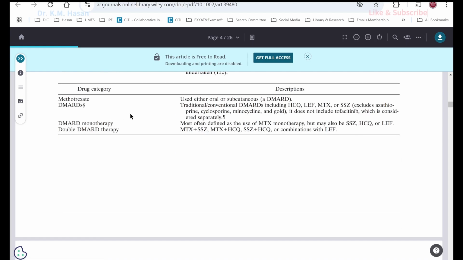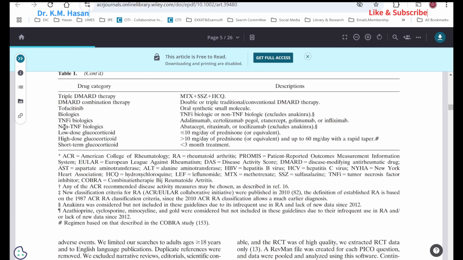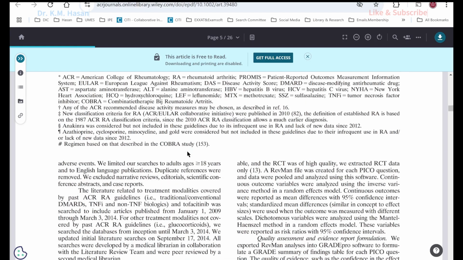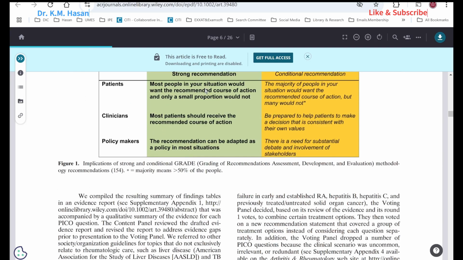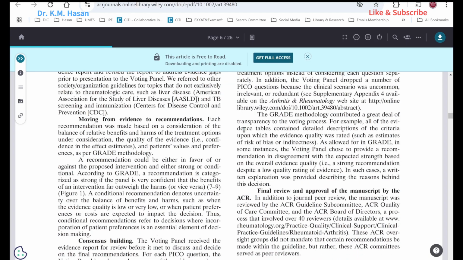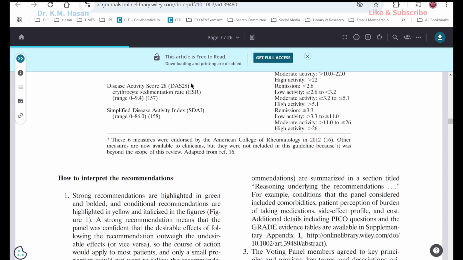You can see the category for methotrexate, then a group of medications: TNF-alpha, biological factors, non-biological factors, and they have different approaches depending on the strength of the recommendation and so on. So I recommend you review this article at your own time.